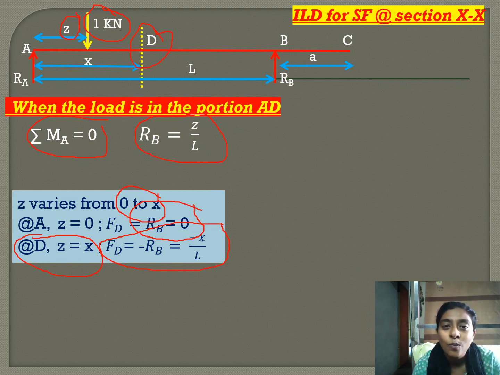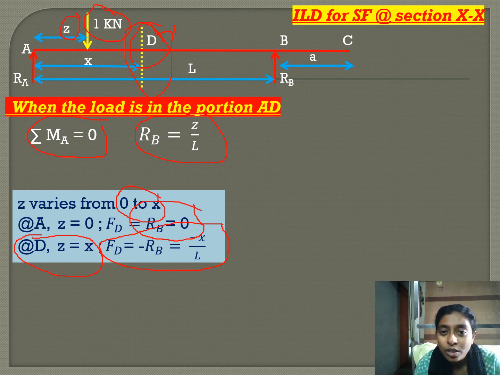So now when we take our section as D, when the load is on the left of the section, we will take summation of all the forces to the right of the section. When the load is on the right of the section, we will consider the summation of all the forces to the left of the section.